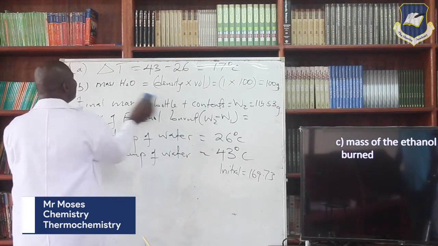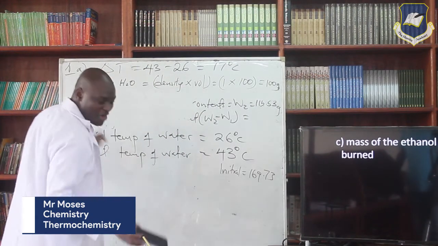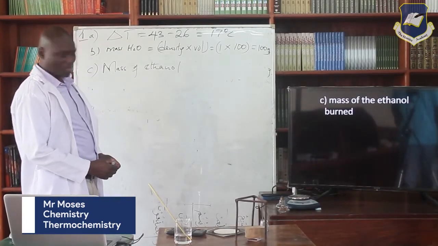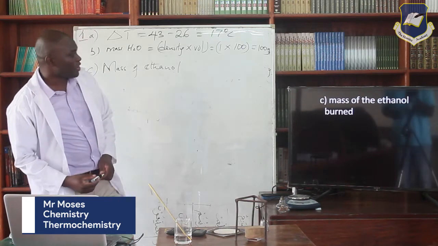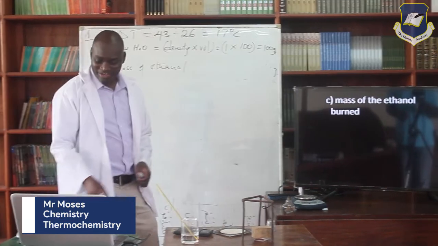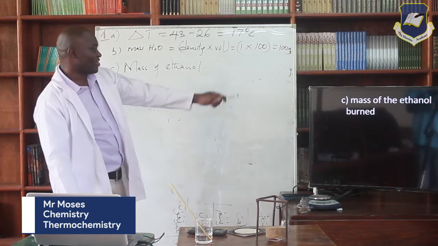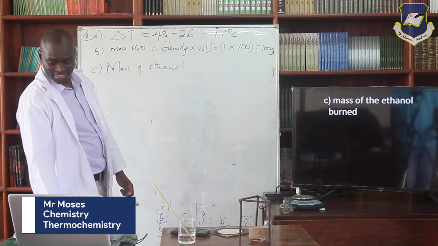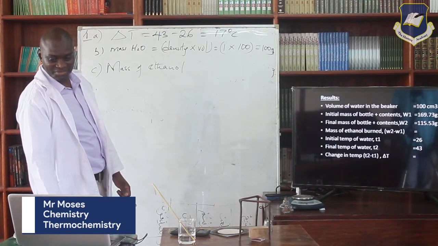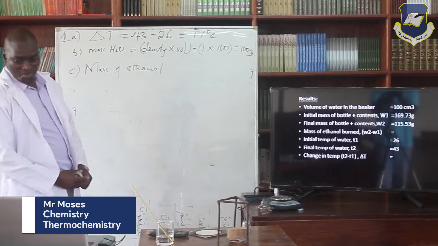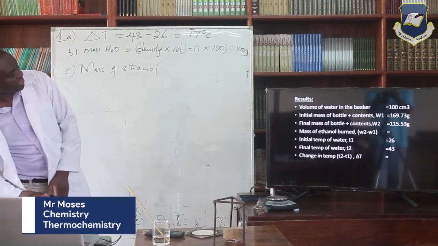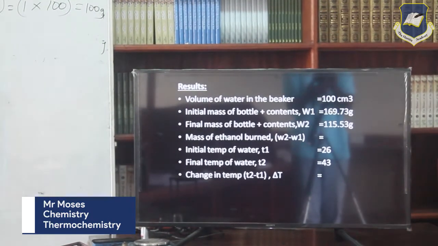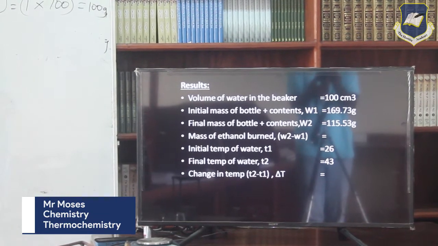So in part C, we are supposed to calculate the mass of the ethanol that was burnt. We need to go back to our data, where we have the initial mass of the bottle plus its contents, and then the final mass of the bottle plus its contents.